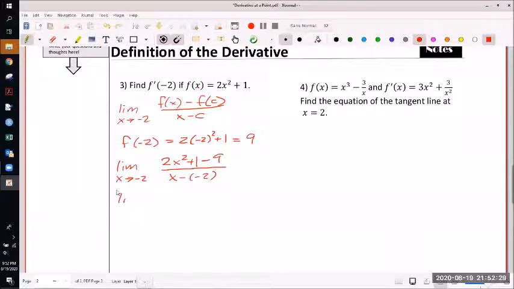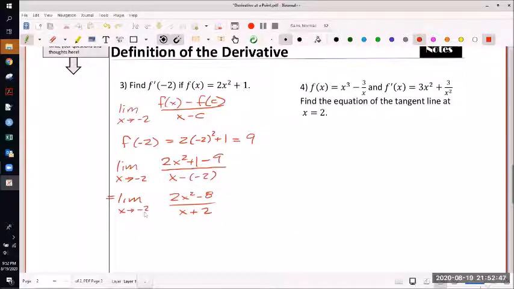This is equal to the limit as x goes to negative 2 of 2x squared plus 1 minus 9, which would be 2x squared minus 8, over x plus 2.